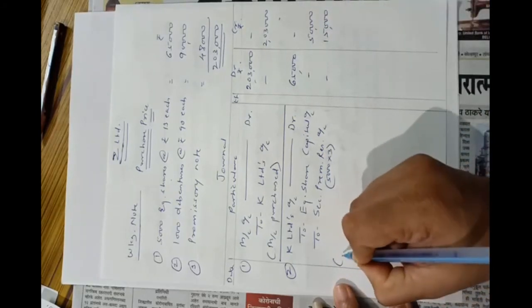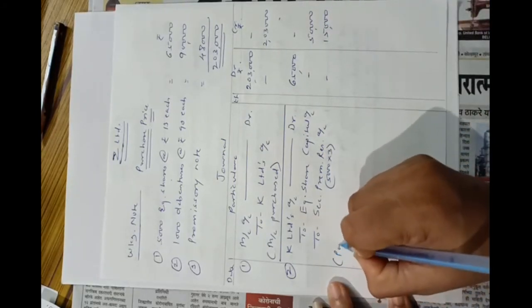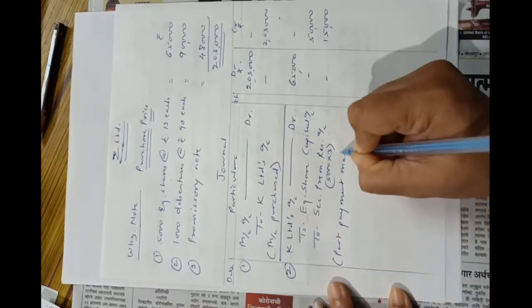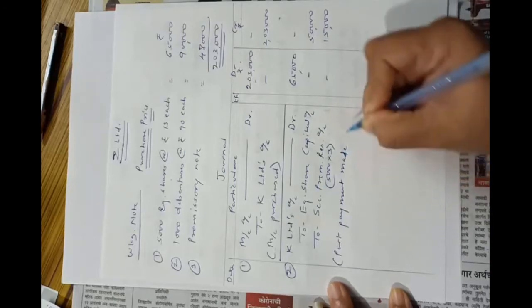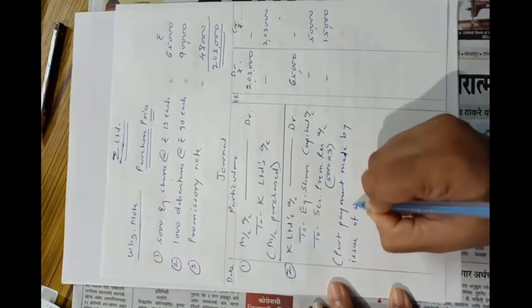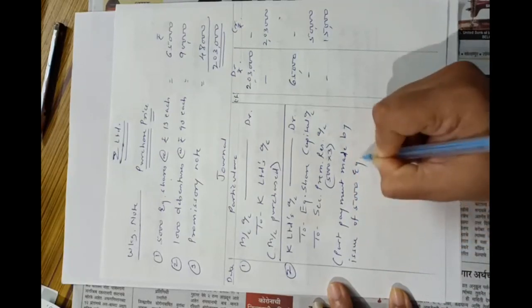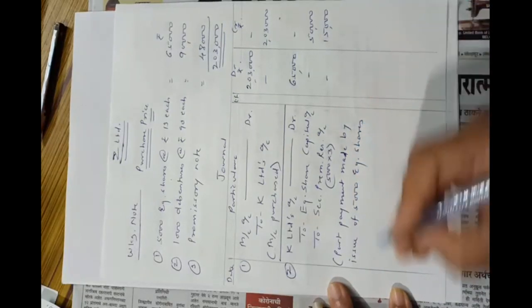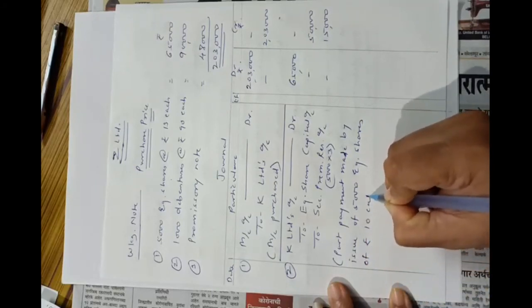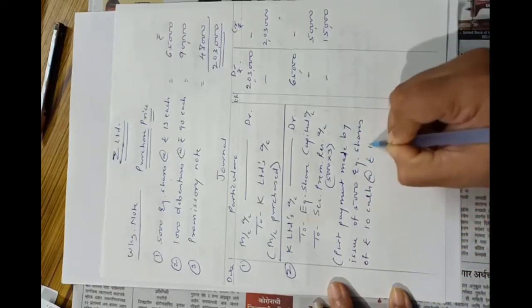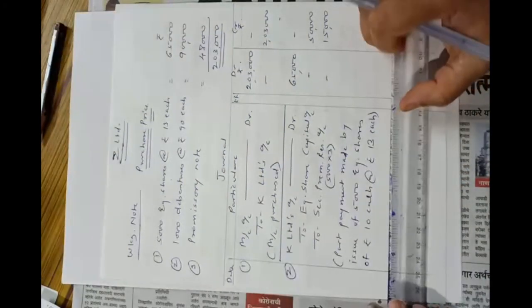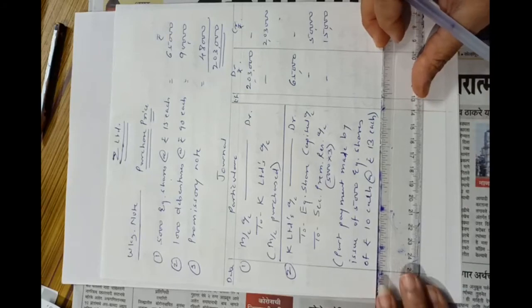Understood? So narration: part payment made by issue of 5,000 equity shares of rupees 10 each at rupees 13 each, or you can say at 30% premium.